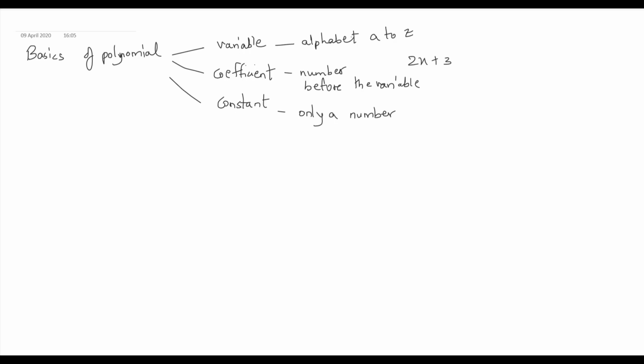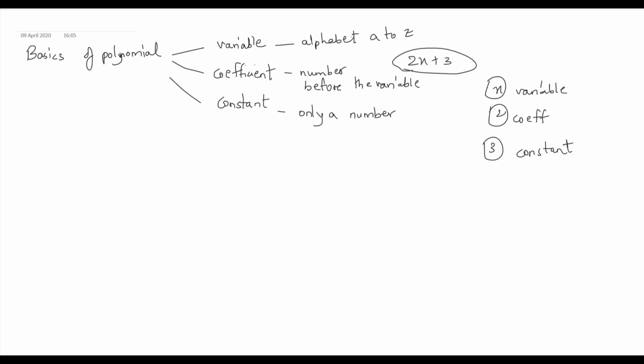Now, from this understanding, we can say from 2x plus 3, x is the variable and 2 is the coefficient, whereas 3 is the constant. Isn't it?